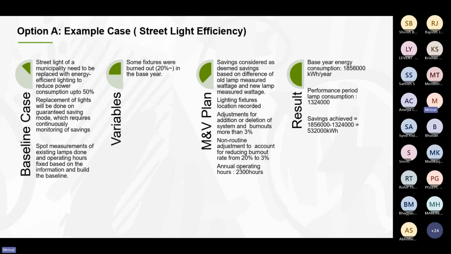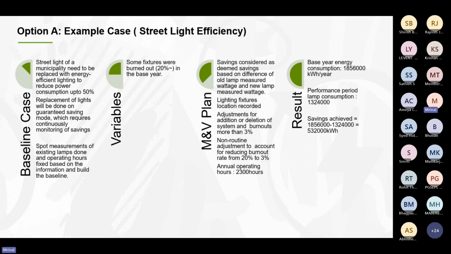Now, the municipality decided that in the assessment year, to maintain the uniformity of the light, the burnout rate should not be more than 3%. So a variable comes into the picture in this project: the burnout rate in the base year was 20%, and in the assessment year, the burnout rate will be 3% only because it is mandated by the municipality.